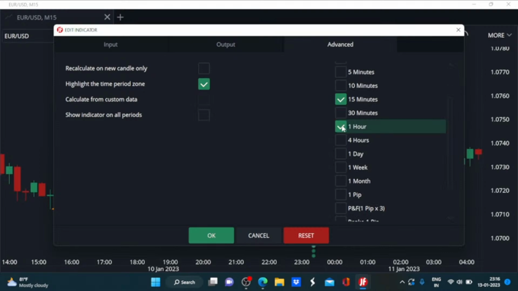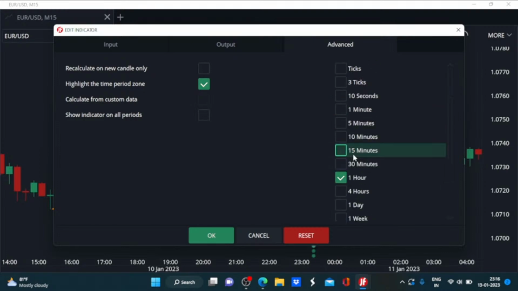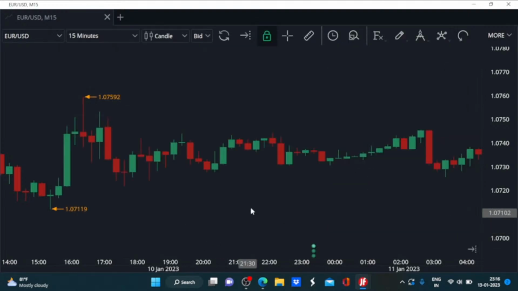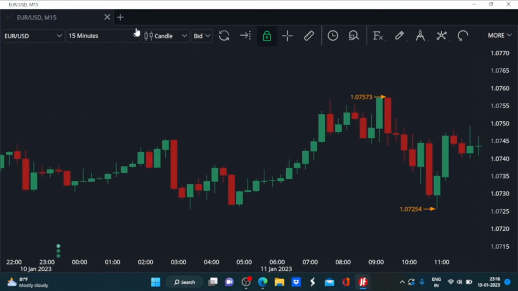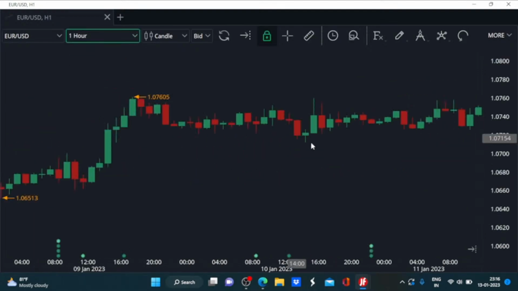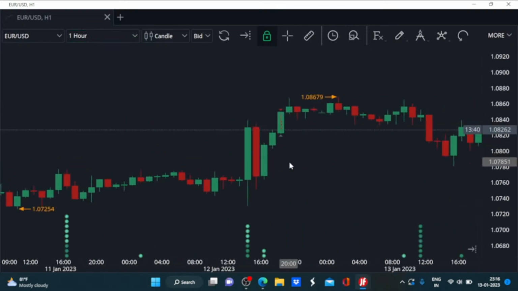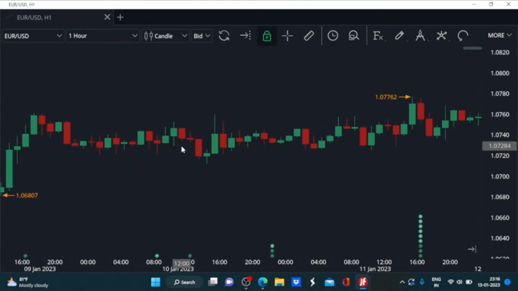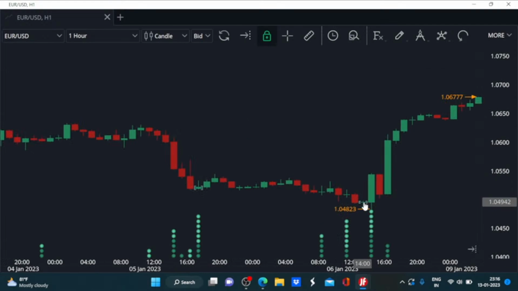Only on that particular candle period it will be available. Now that I have opted for hourly, only on hourly it will be visible, but here it has vanished from where we had picked up that editing toolbox. Now again I am back on hourly candle period, so we will get this formation back in place.